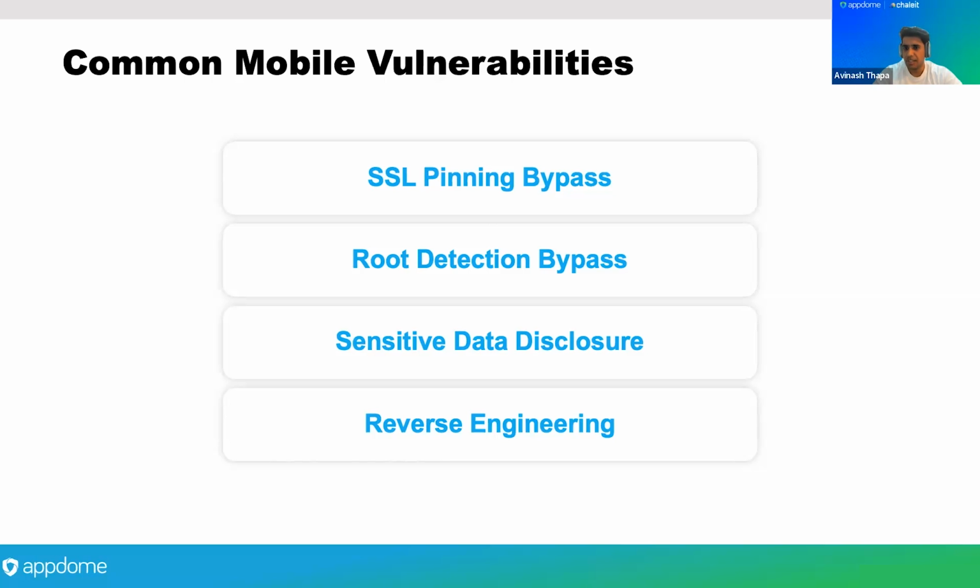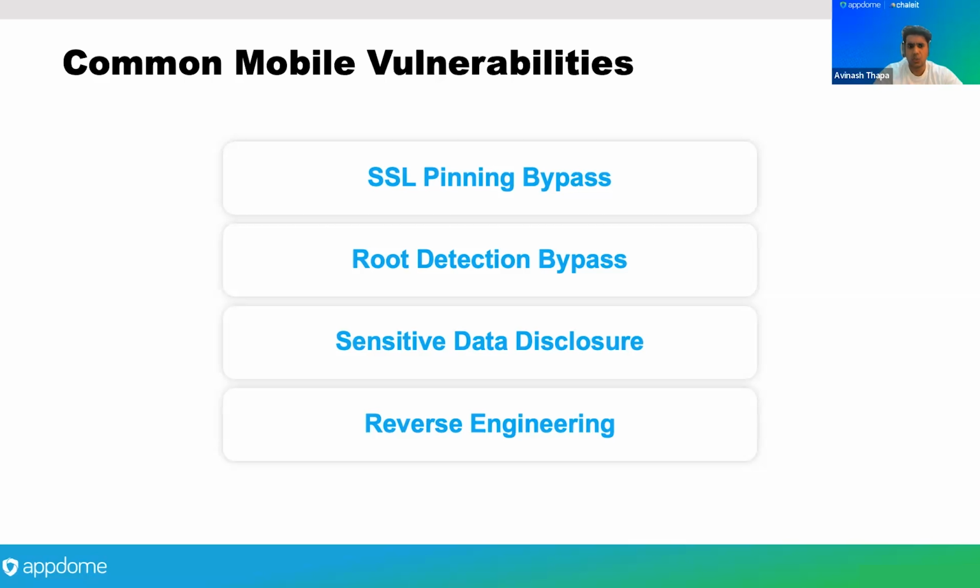These are vulnerabilities like SSL pinning, root detection, sensitive disclosure, and reverse engineering. All these vulnerabilities are very related to each other in terms of identification. If you are able to find one particular issue, you would be able to use that to traverse and create a major impact in identifying other vulnerabilities.